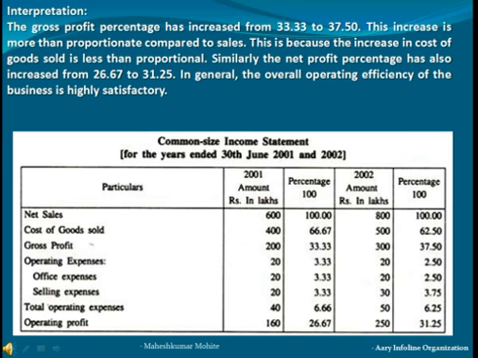This increase is more than proportionate compared to sales. This is because the increase in cost of goods sold is less than proportional. Similarly, the net profit percentage has also increased from 26.67 to 31.25. In general, the overall operating efficiency of the business is highly satisfactory.